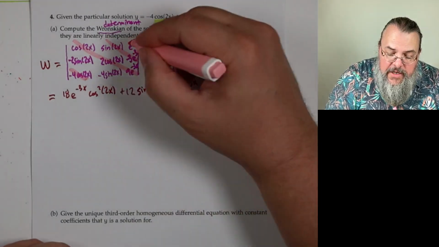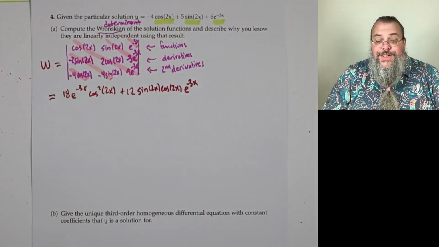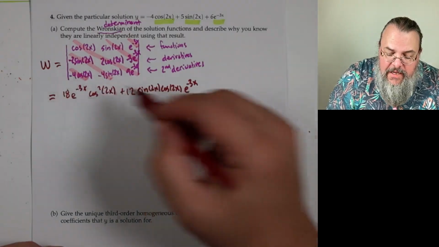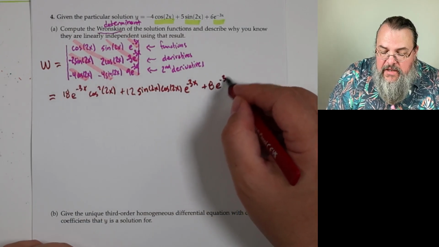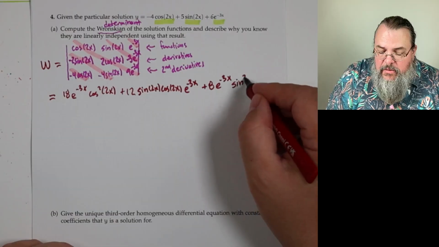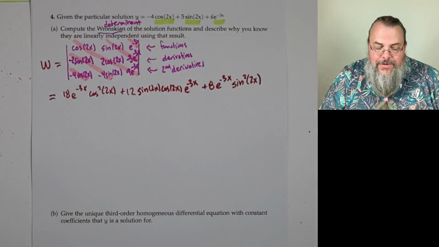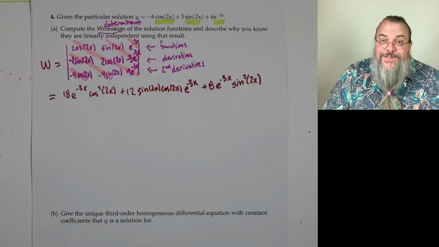So we have e to the minus 3x, minus 2 sine 2x, minus 4 sine 2x. Minus 2 times minus 4 makes a plus 8. So we get plus 8 e to the minus 3x sine squared 2x. Okay, so round 1 is done. Still 3 more diagonals to go.